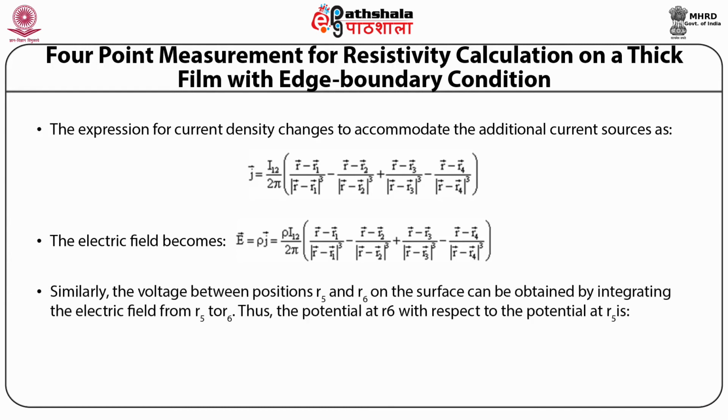Similarly, the voltage between positions R5 and R6 on the surface can be obtained by integrating the electric field from R5 to R6.